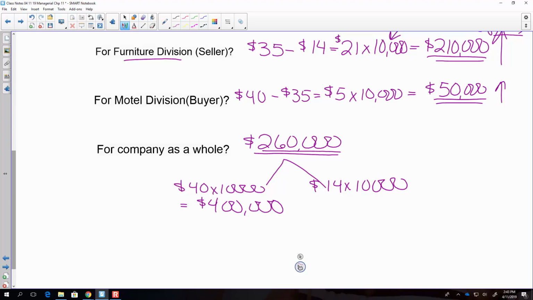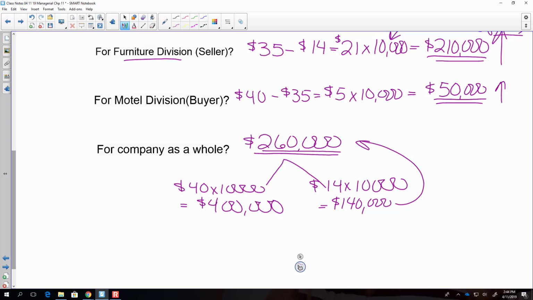So this yields 140,000. The net of those two obviously is the 260. So if you want to look at it that way, that's showing cash flow wise what my company as a whole will benefit by not going to an outside person to buy that material or those dressers in this example.